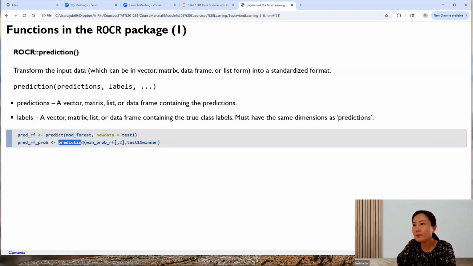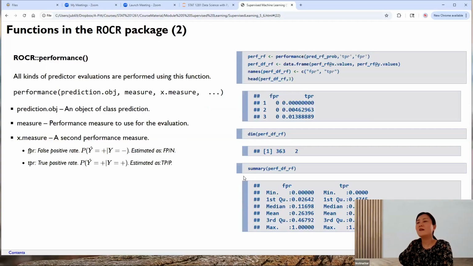And then we apply the prediction function on the winning probabilities for Obama, the second column, and then the true label, not the predicted label. And save it here, predict RF prob. And then one more step to calculate true positive rate and false positive rate for the ROC curve. The function is called performance.